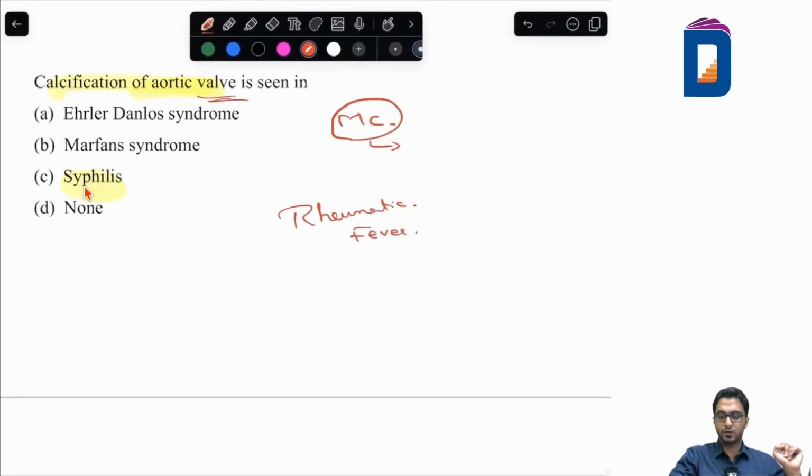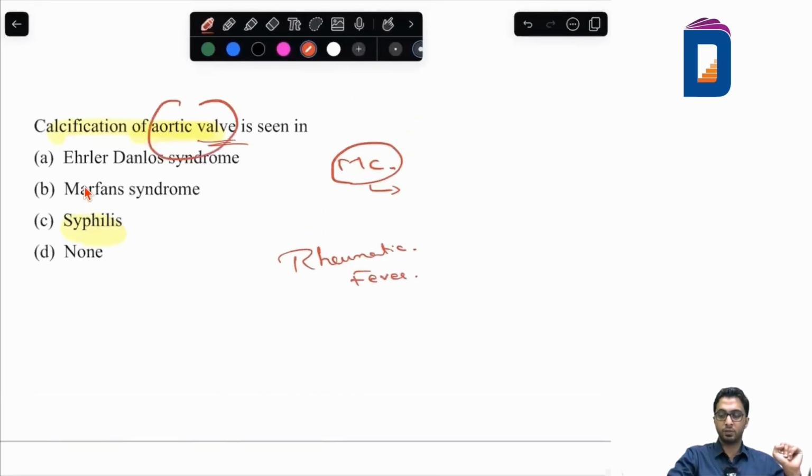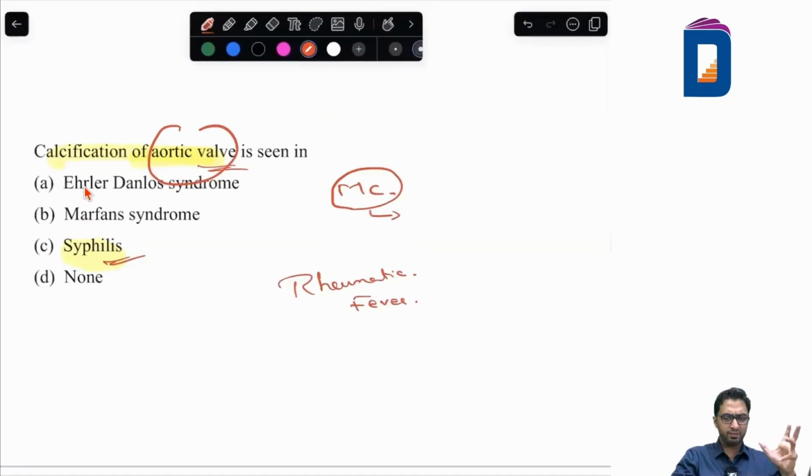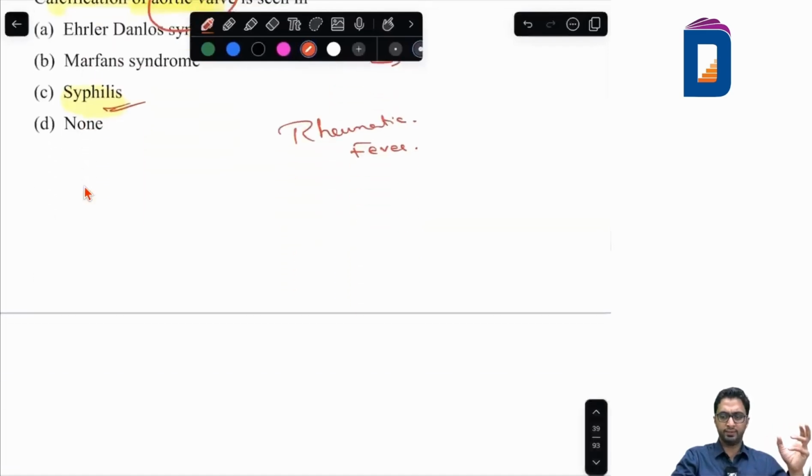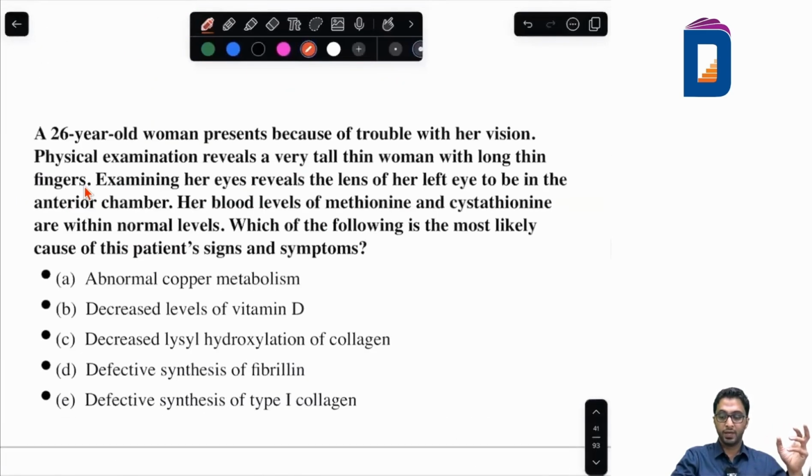So the two conditions where you see calcification of the aortic valve are syphilis and rheumatic fever, which is a streptococcal infection. Pansystolic, exactly, Manju, very good. You people are listening. So basically, why? Because it's an infection. Both of them are infections. So basically, there is inflammation and scarring. Scarring leads to calcifications. Okay, so just remember, calcification is more common when the aortic valve is infected.